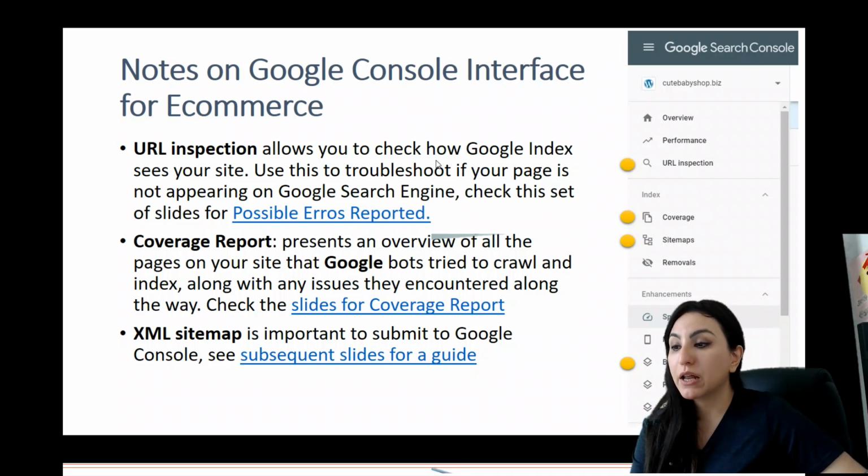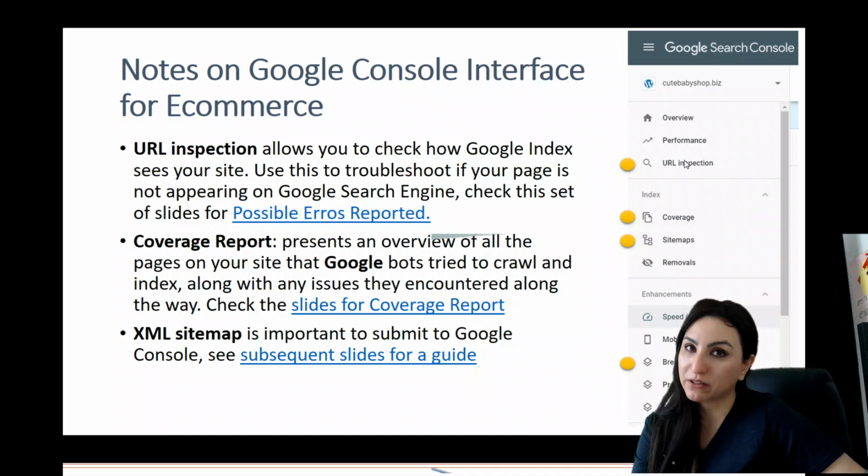Why? Because it allows you to check how Google sees your site. Use this to troubleshoot if your page is not appearing on the Google search engine for any reason, and you can check for possible errors reported there.